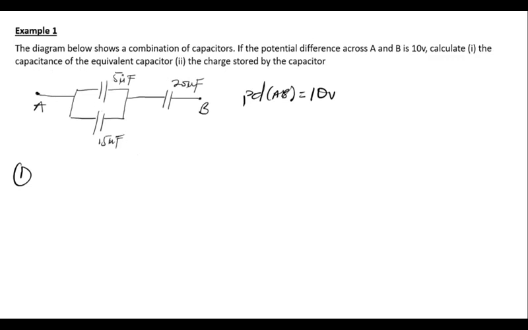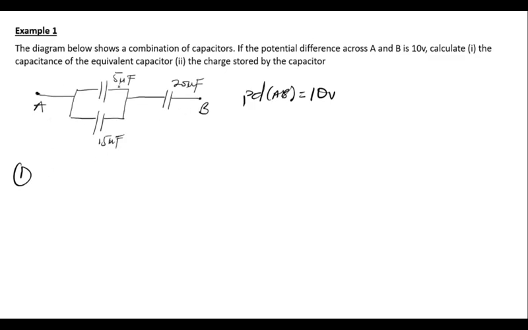Now we can see that we have two capacitors connected in parallel, and then this parallel combination is connected in series with this one. So first of all, we need to solve the ones that are connected in parallel so that we get it in series with the second one, and then we can find our total capacitance.